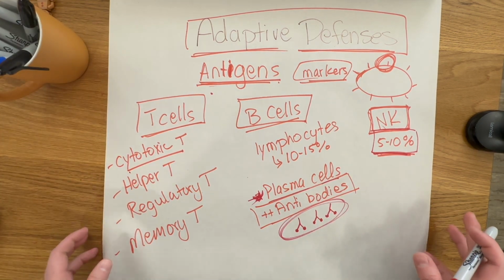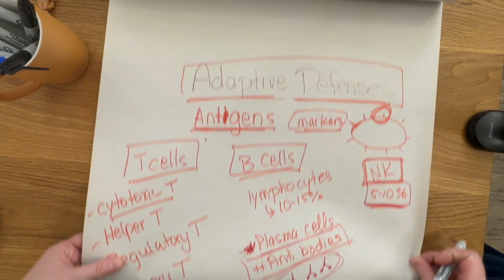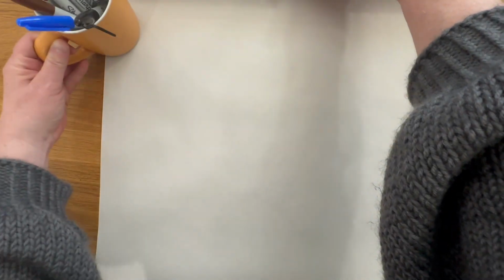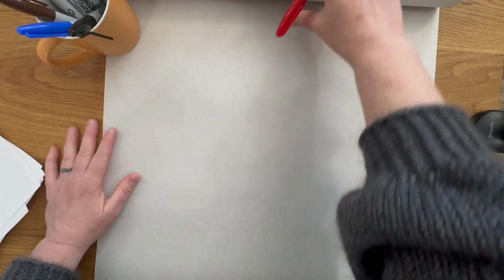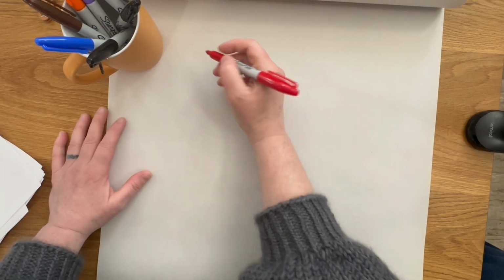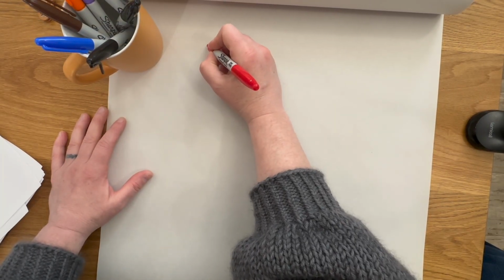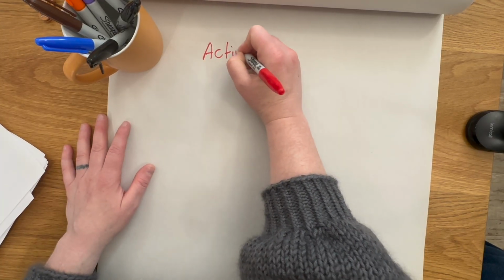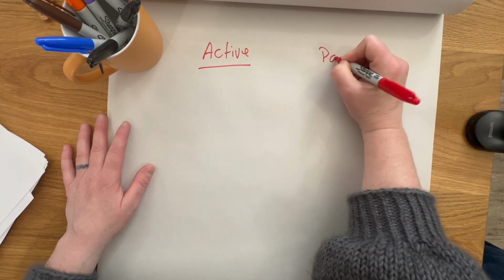Now we're going to talk about some different ways of activating the adaptive defenses. So we have several different forms of immunity that are part of our adaptive system. So we have active immunity, and we have passive forms of immunity.